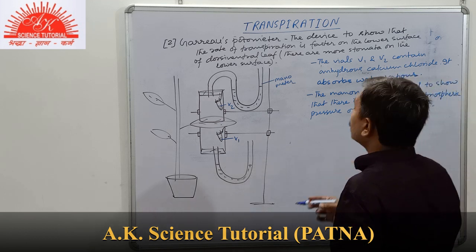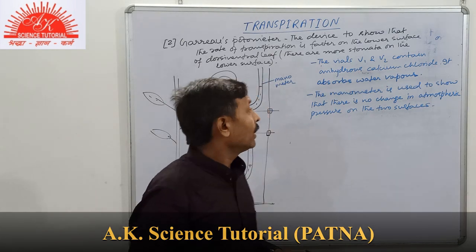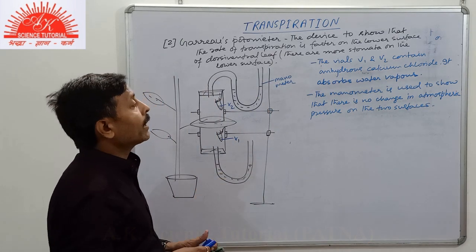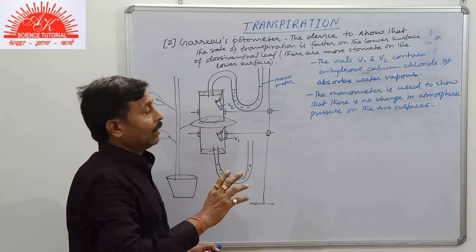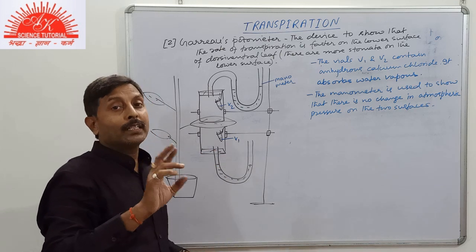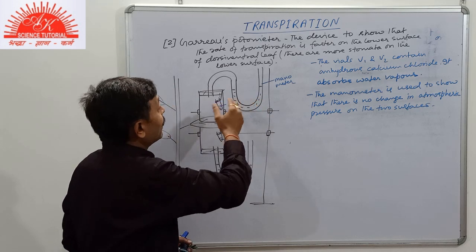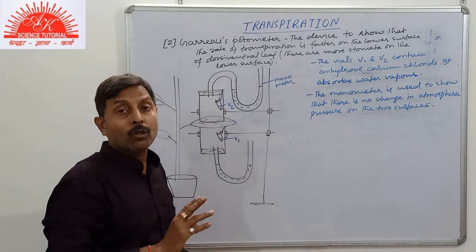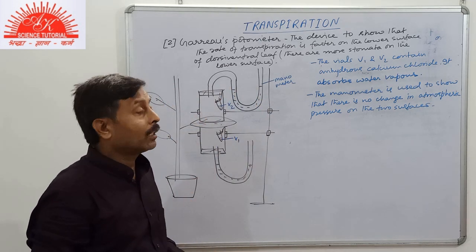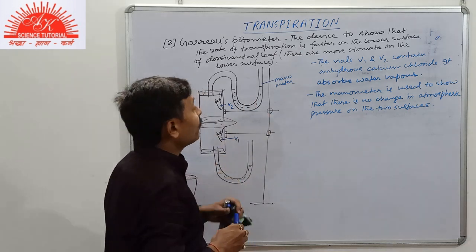Students, sometimes many students write that the manometer is used to measure atmospheric pressure here, but the manometer only measures pressure difference, that is, the difference in pressure on the two sides. It is not used to measure atmospheric pressure. Now here is the role of the manometer.